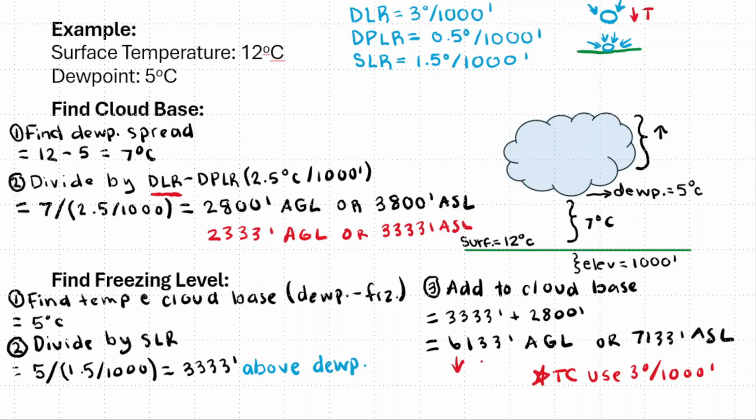If you were trying to figure out the freezing level in this question, and we had used 2,333 feet AGL for the cloud base, using the 3 degrees per 1,000 feet, you would add 3,333 to 2,333, and with that, you would get 5,666 feet AGL for your freezing level. So again, that's quite different. That's about a 500-foot difference there, which is why you need to keep in mind this rule right here.